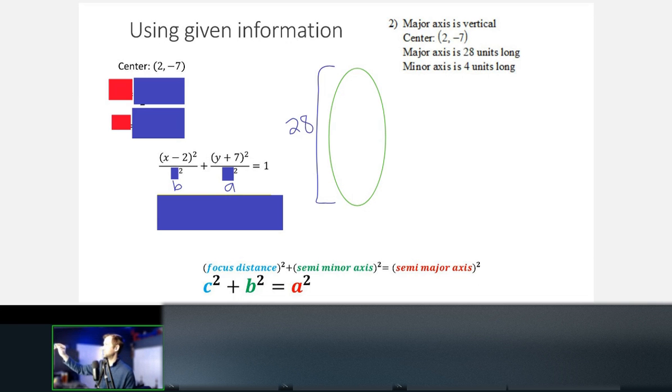So half of 28, from here to here, that's going to be 14. And then same thing for here. From here to here is 4. So half of 4 is 2. So that means that A is 14 and B is 2.